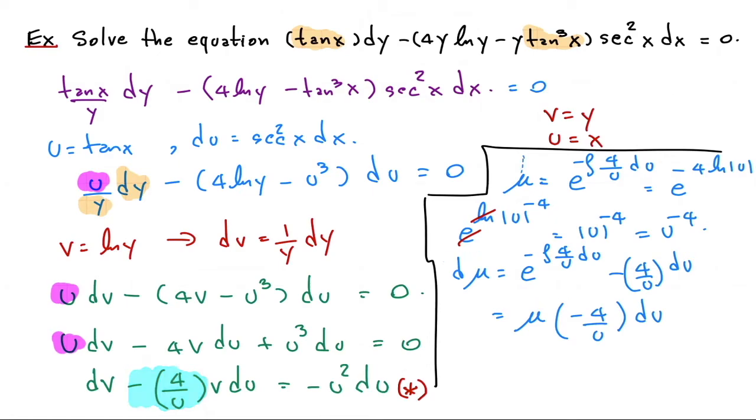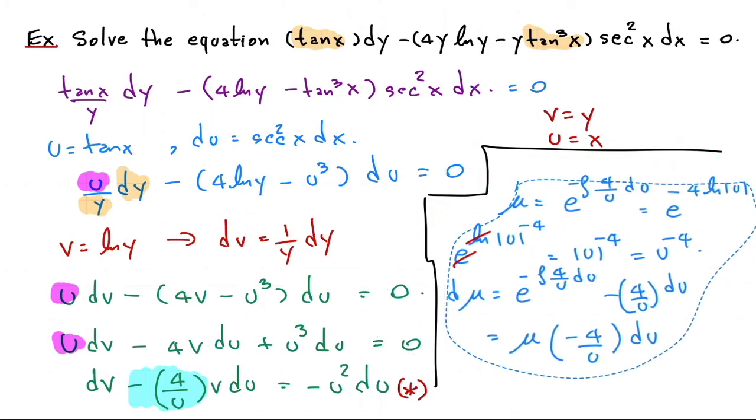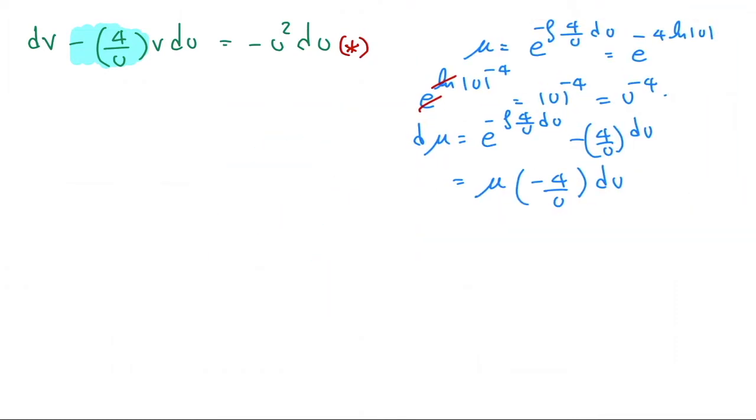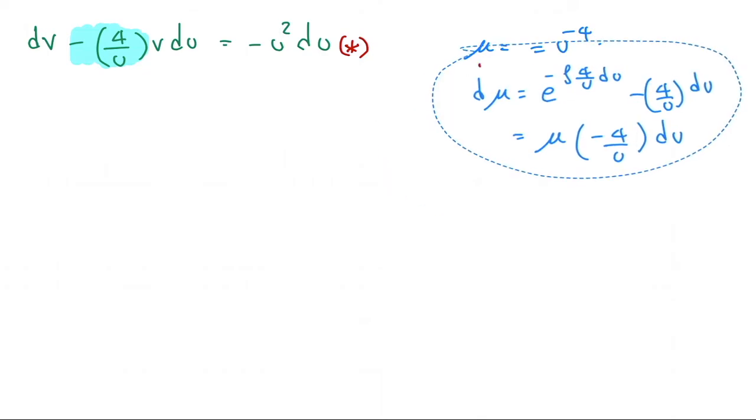I'll move all of them. Just put it here. Okay, so I'll delete what is not necessary. So I know that mu is actually u to the minus 4, and d mu is actually this guy. Okay, I'll keep it like that.